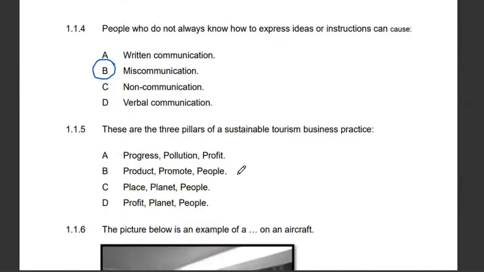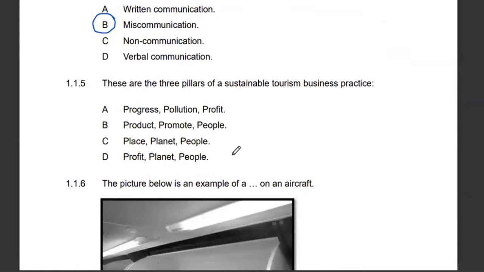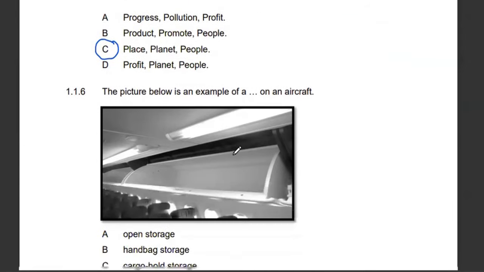Then these are the 3 pillars of sustainable tourism business practice. So the 3 pillars include place, planet, and the people. These are the 3 pillars of sustainable and responsible tourism.